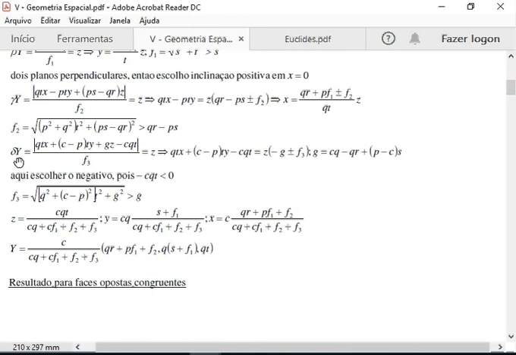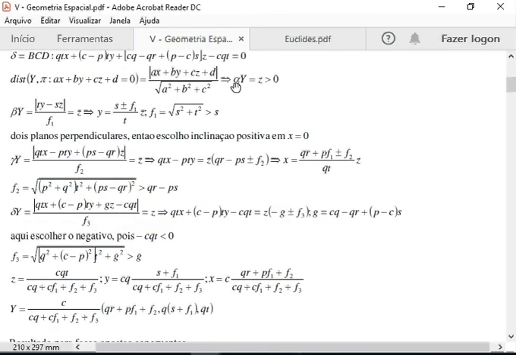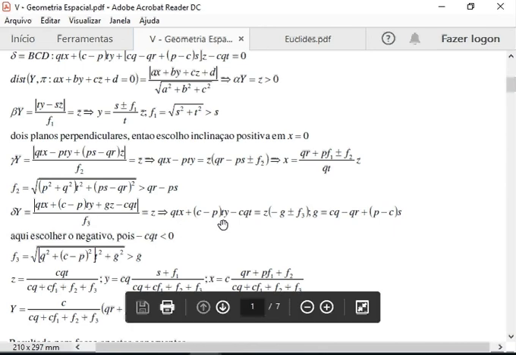The distance from Y to delta is equal to Z, the distance from Y to alpha. QTX plus (C minus P)TY plus minus CQ2 is equal to Z times G plus or minus F3.